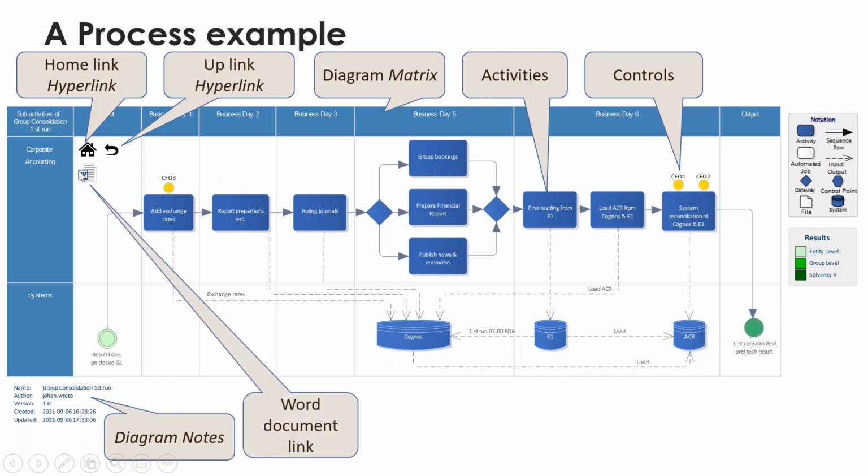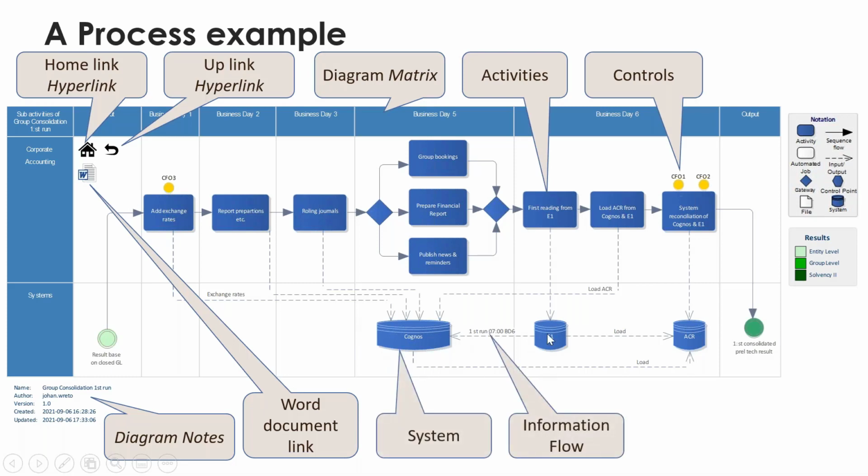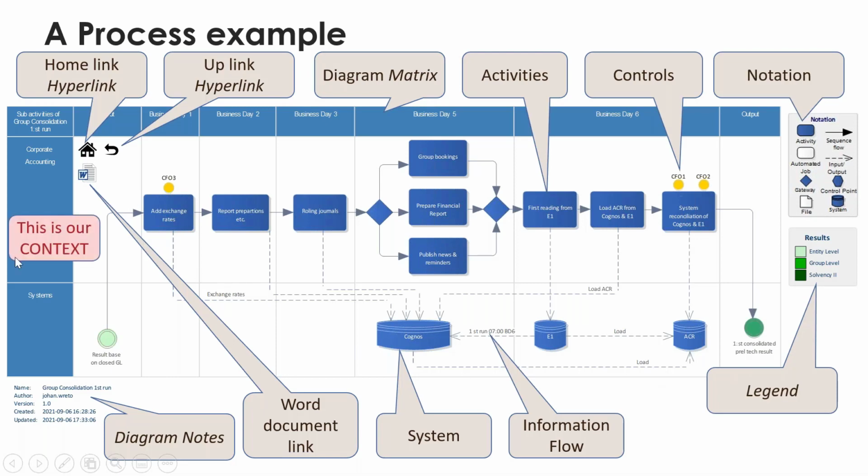We have the Word document link, which contains all of this in a document with all the controls and all the text. Of course, there's text behind everything here also. We have the systems. We have the information flow between the systems and the legend and notation explaining how this should be interpreted. So this is our context.